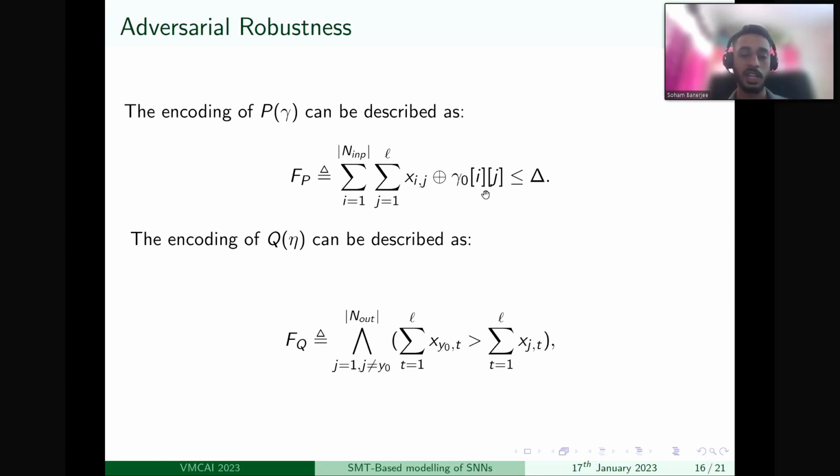So we take a sum of those differences, and the total count of positions at which the spike train is different has to be at max delta. So this is the condition for the input encoding. For the output encoding, we have that the label predicted, that being y0, should have the maximum number of spikes even after applying the input noise. So basically we say that it should predict the correct label.